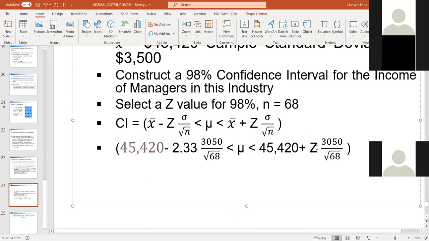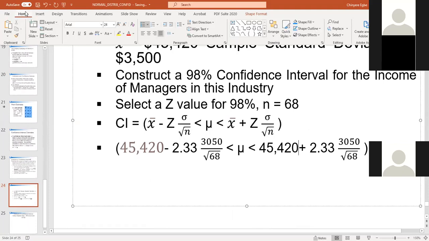And we come in here and we say 2.33. You get the point? Does everybody understand it now? Okay. So we all understand why it is 2.33.